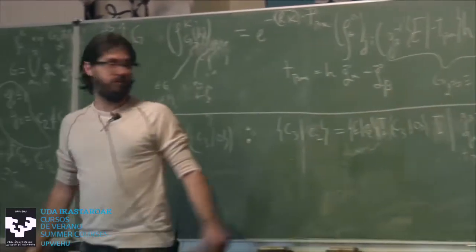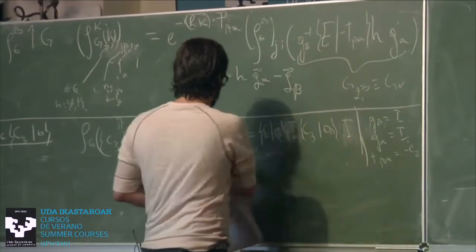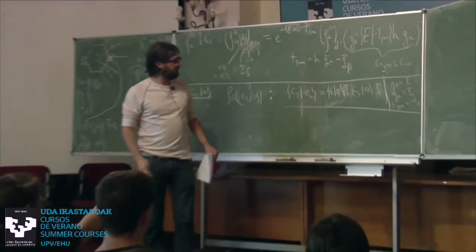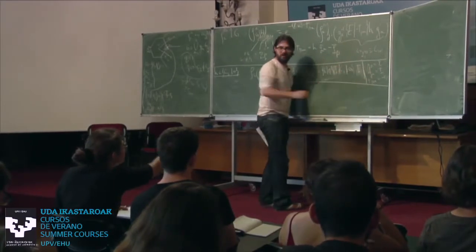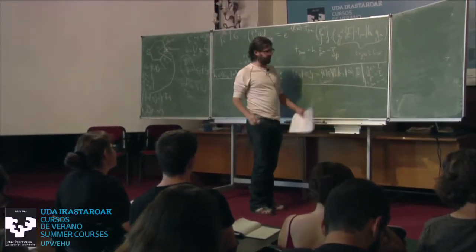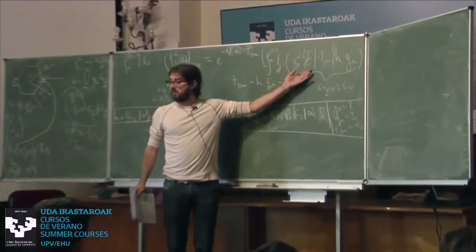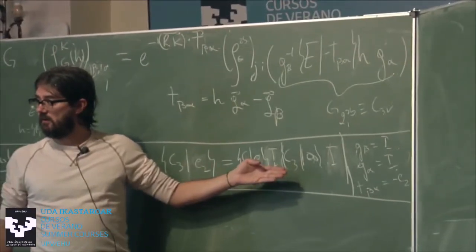Is that clear? This is just this form. C3, no translations, 0, 0. I translate by 0, 0. Very good. So I'm just parsing this expression. This is the same as this guy, right?